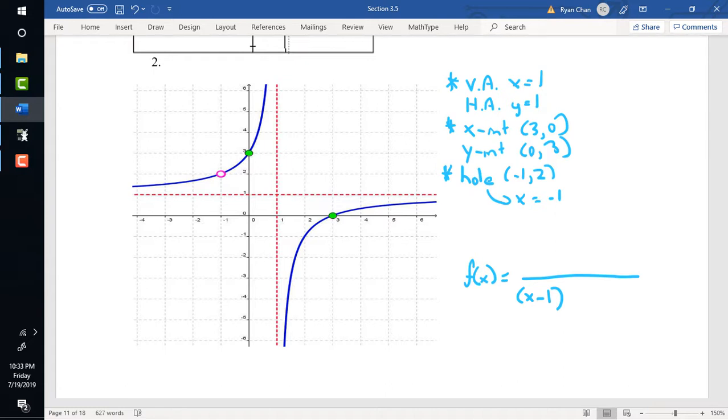The x-intercept is my zero, and remember, with zeros we go opposite. So if it's plus 3, I'll do x minus 3.